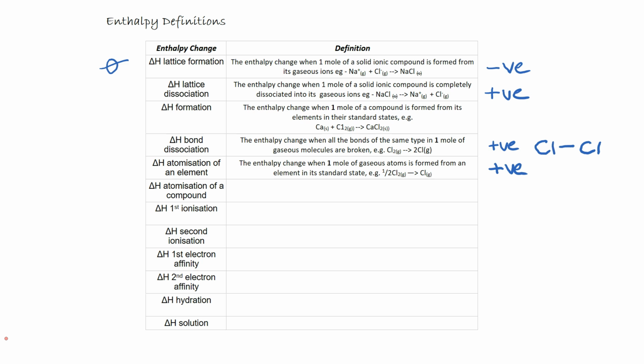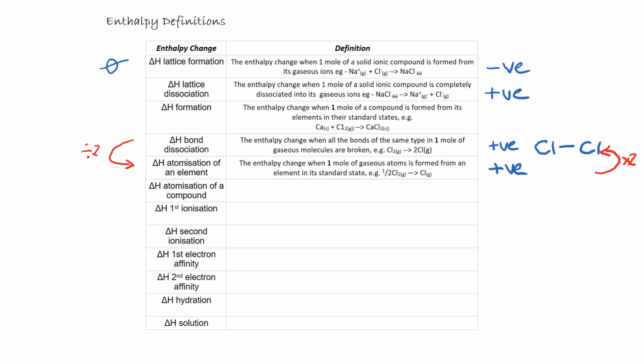What this does mean, of course, is that these two values are closely linked. For the instance of chlorine, if I want to get from the bond dissociation to the atomization of the element, I divide by 2, and the bond dissociation value is twice that of the atomization of the element.